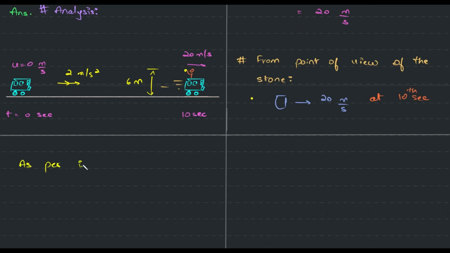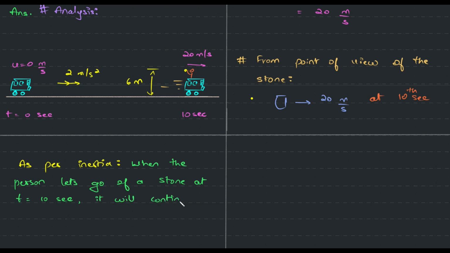As per inertia, when the person lets go of the stone at t is equal to 10 second, it will continue to move with 20 meter per second. We have written this statement, and I have given the reason as well.